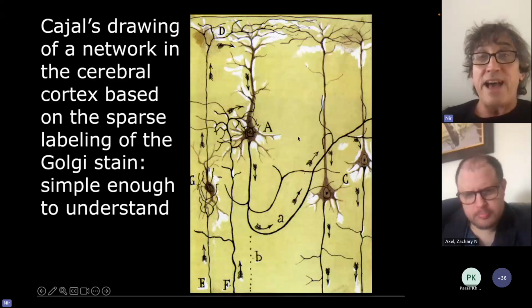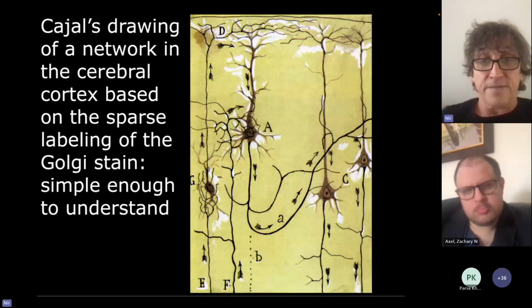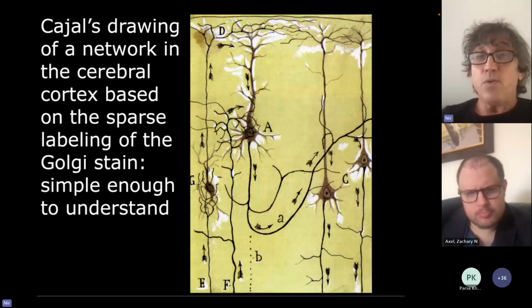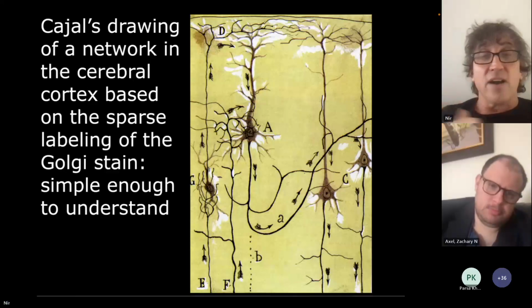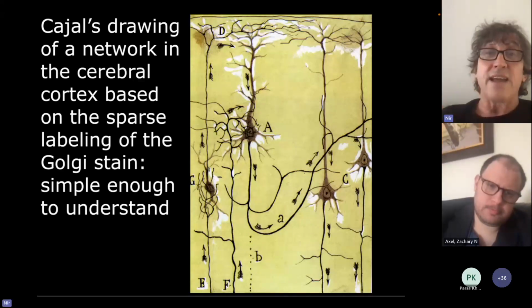This whole thing without ever actually seeing the firing and without ever seeing a synapse, because you can't see a synapse without an electron microscope. In fact, Golgi and others just did not believe Cajal. But together they won.